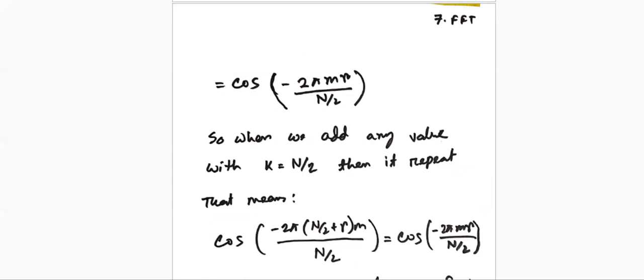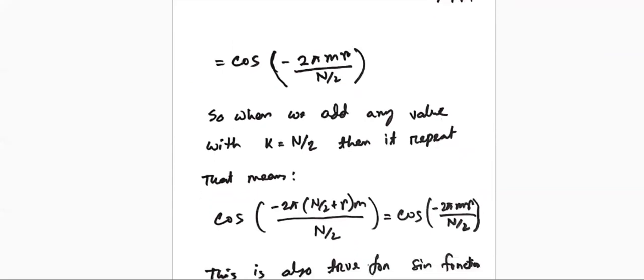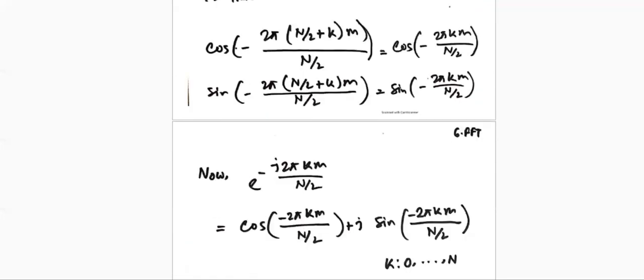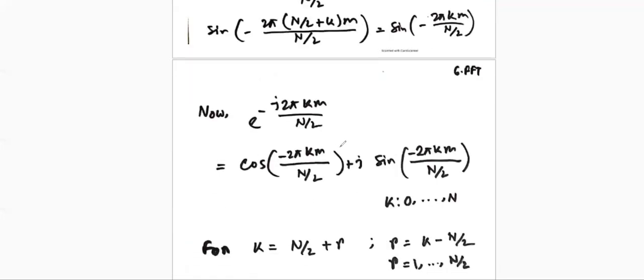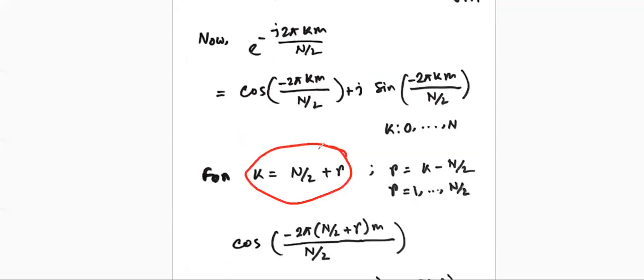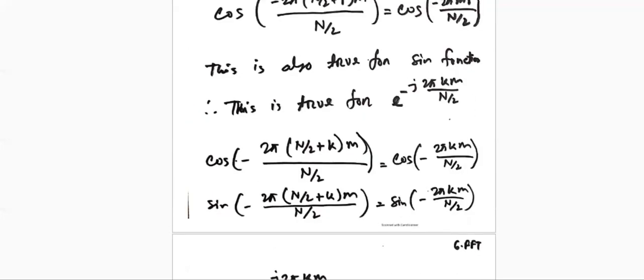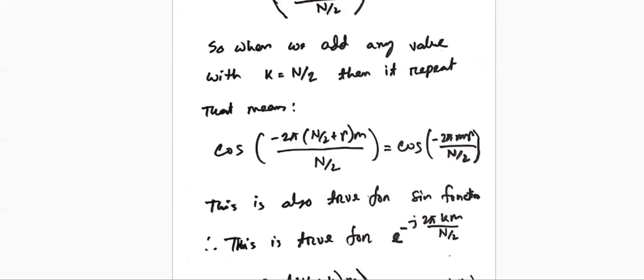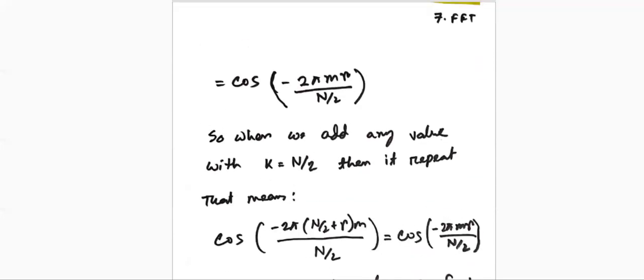If we remember, we start with the function cos, where we can put k equals this. If we put k equal to that, we can return it to that value, which shows that k equals n by 2 is the period of that function.